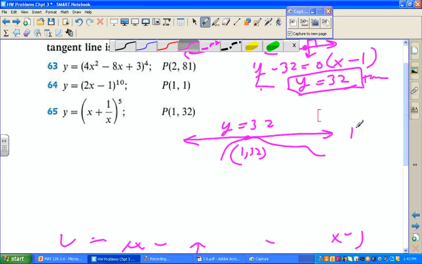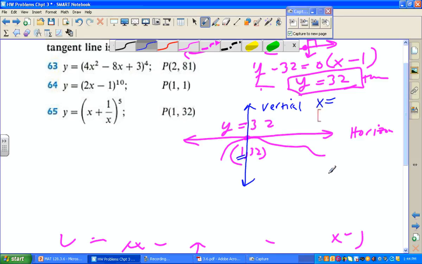If it's a horizontal line, and that came from the fact the slope equals 0, then the normal line has to be perpendicular. The only thing perpendicular to horizontal is a vertical line. And vertical lines have the equation x equals, and you use the coordinate to find that. That's the first time we've had a vertical line that's been normal.